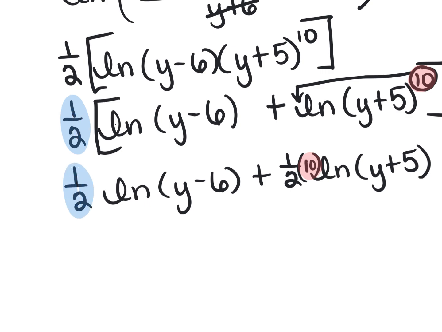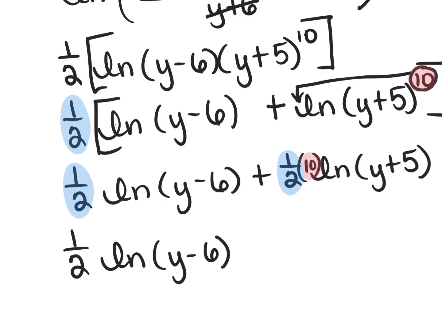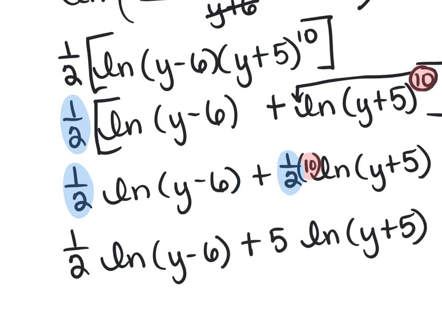This 1/2 goes here, and it has to go to this term. So I know that this is 1/2 natural log of y minus 6, and then 1/2 of 10 is 5 natural log of y plus 5. And that would be my final answer.